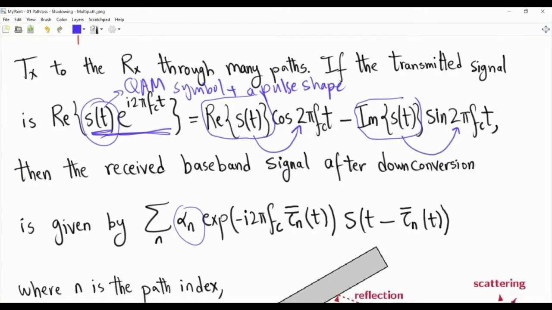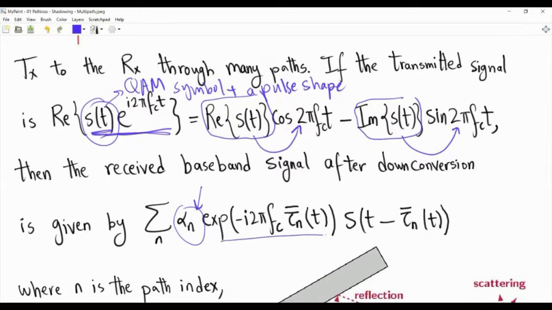Because when the electromagnetic wave is scattered off some surface or some object, its amplitude will change. It will exhibit a change in its magnitude and phase. And so we will model this as each path having its own complex gain.